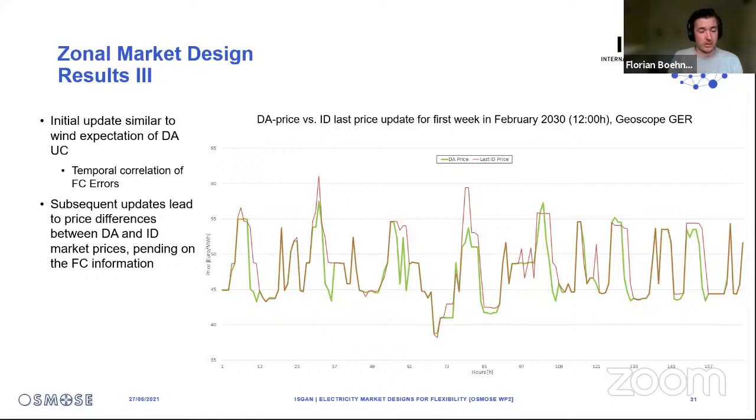So if you can still remember, this is the time where we have our 36-hour day ahead market loop. And so what can we learn from this chart? The green line, obviously, as it is stated on top of the chart, is the day ahead price for consecutive loops during this week. And the red line are the last intraday prices. So what does that mean?